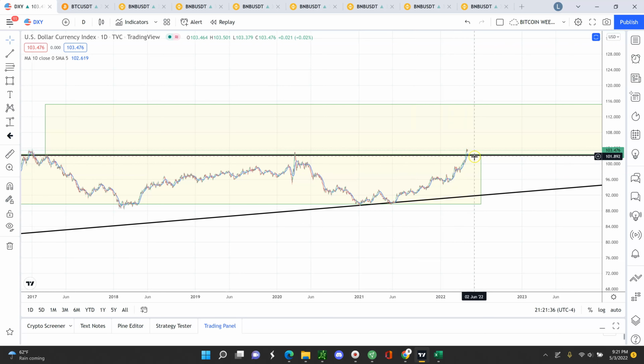It could use a little rest period, and I think that if JP comes back with something less than 50 basis points for the interest rate hike, then this thing is probably going to come down, or it might just kind of consolidate. But that would be a great piece of news that could support a retest of the breakout area down here in the 98 to 101 area short term.